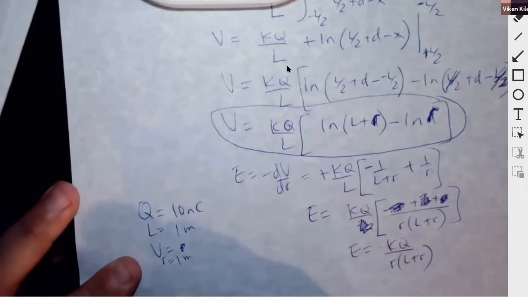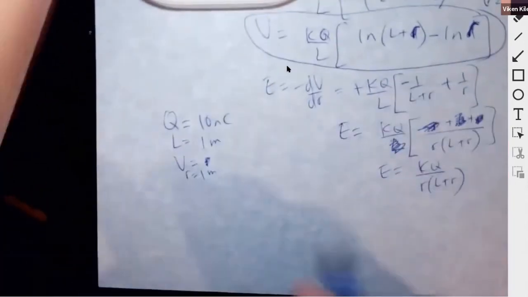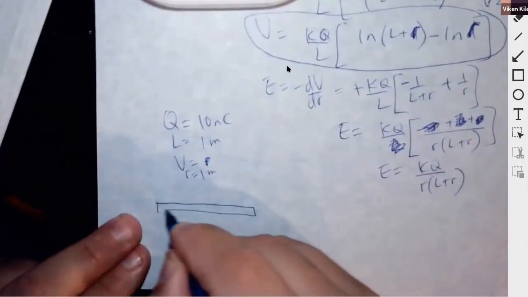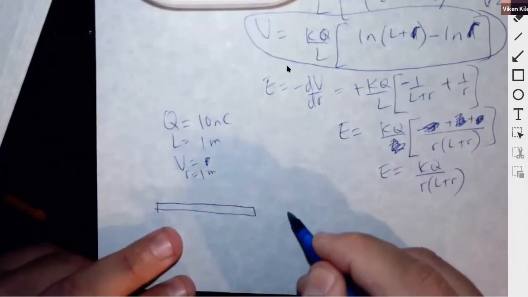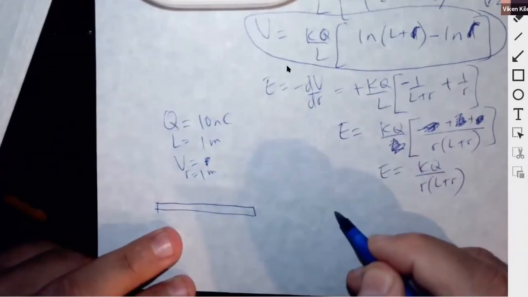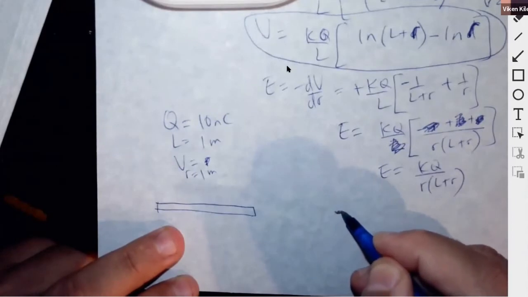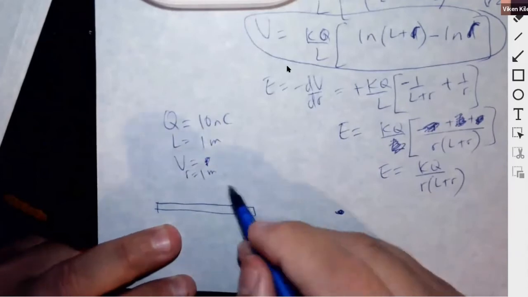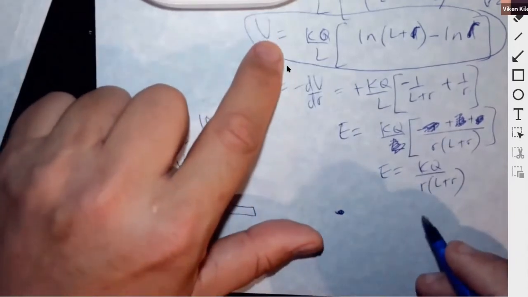So on the side, if you have a rod like this, 1 meter, and then it would be something like this, 1 meter away. Same distance as the length of the rod. So then we would just do this one.